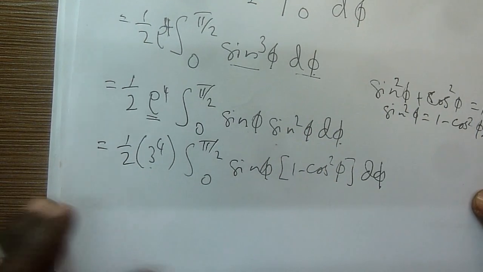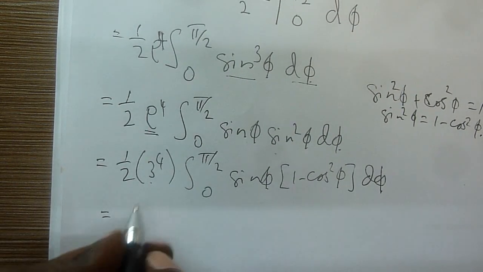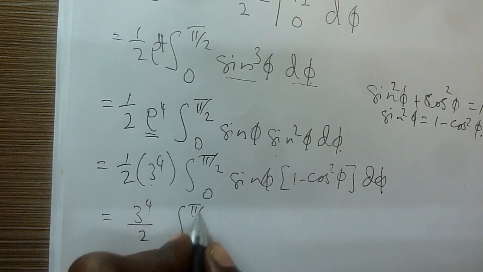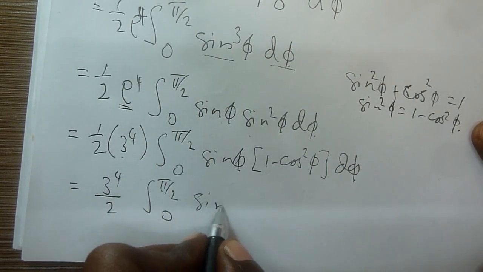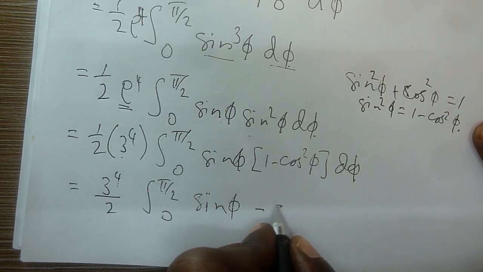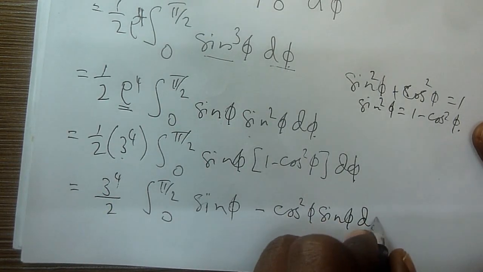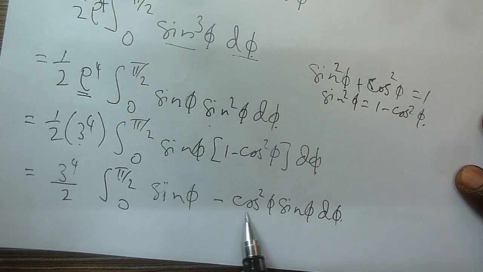Now, I know it's taking too long, no problem. Time is not the matter. Here, learning is important. And here, pi over 2, 0. Here, sine phi. Anybody can handle this part. Here, this one is again cos squared phi sine phi d phi. Is it easy to handle?